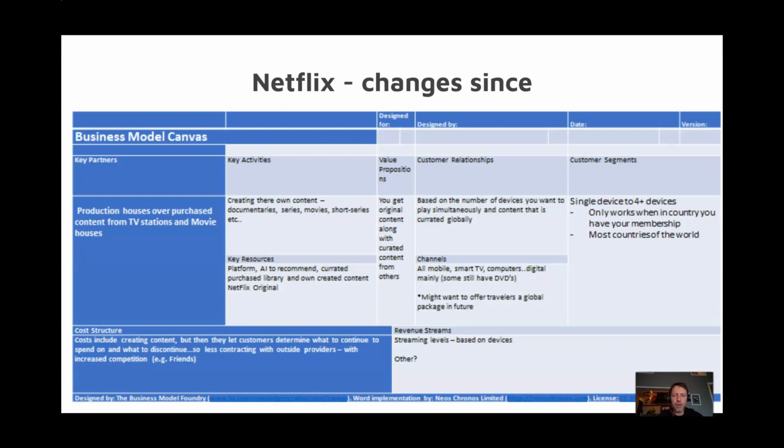So if I was describing Netflix from where they were in the last one to where they are now, and trying to do that in advance, we might talk about some of the key partners being production houses over purchase content from TV stations and movie studios over here, and key activities.